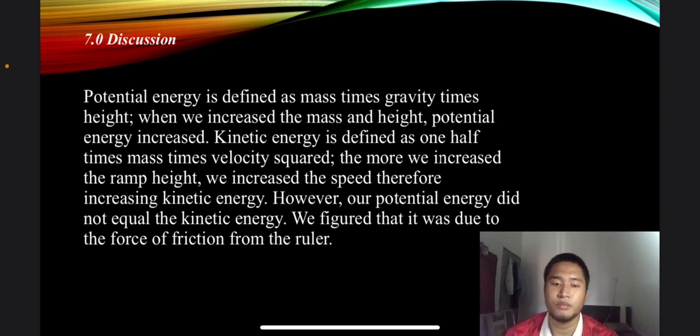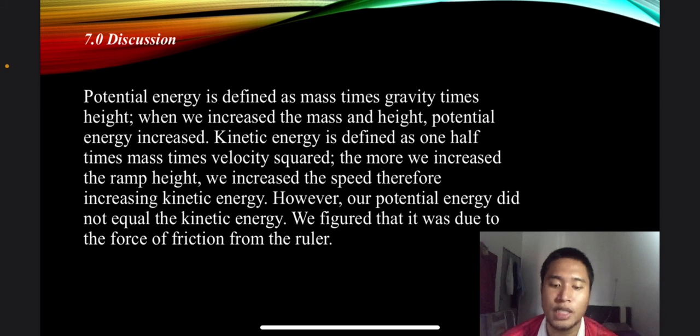Discussion. Potential energy is defined as mass times gravity times height.